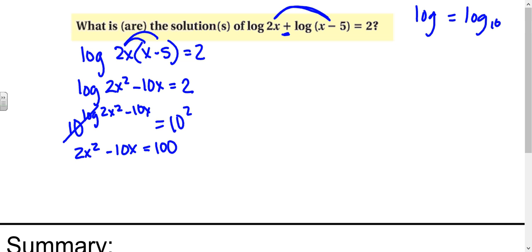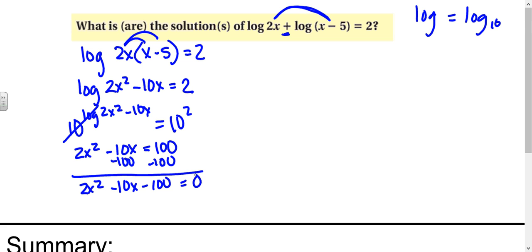So from here to solve, you can go ahead and move the 100 over to the other side to make it equal 0. That way we can factor. Now, there's a couple ways you could do this. You can do AC method because there's a number in front, but what you should always do when you're factoring is check to see if there's a greatest common factor.